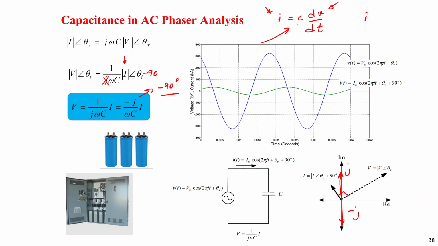Okay, and this is the calculation for capacitance. The capacitor in your daily life may be rare, right? But in the laboratory it's there, and in the factory it's there.